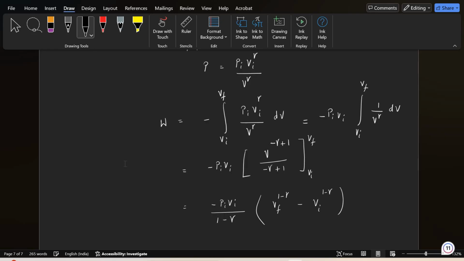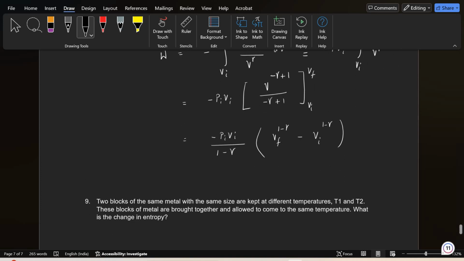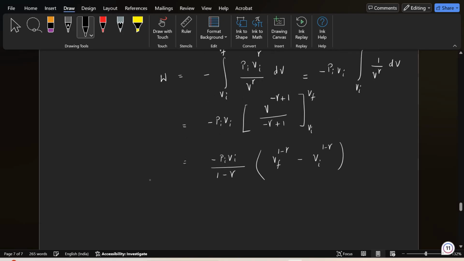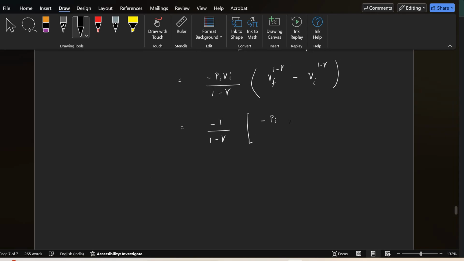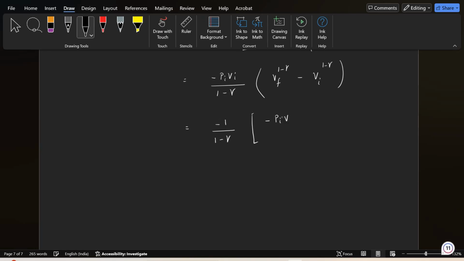Let me multiply this out. Minus and minus gives plus, so we have PI VI to the power gamma times VI to the power 1 minus gamma.